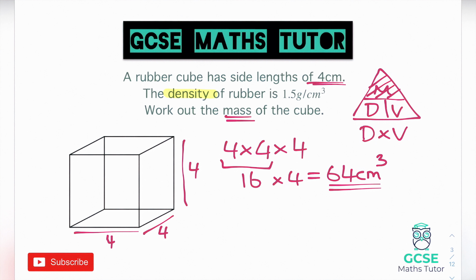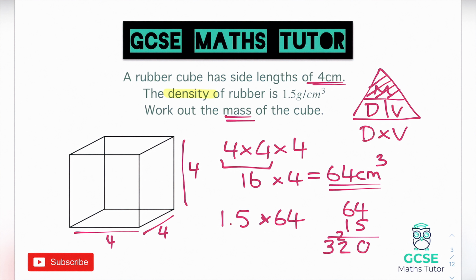Now it gives us the density. It says the density is 1.5, so to do this we do the density, 1.5, multiplied by the volume, and the volume is 64. So we just need to do 1.5 times 64, which isn't too bad. When you are multiplying by 1.5, that just adds on an extra half. Or you can hop the decimal out and do the working out to the side. So we do 64 times 15: 5 times 4 is 20, 5 times 6 is 30, add the 2 is 32.